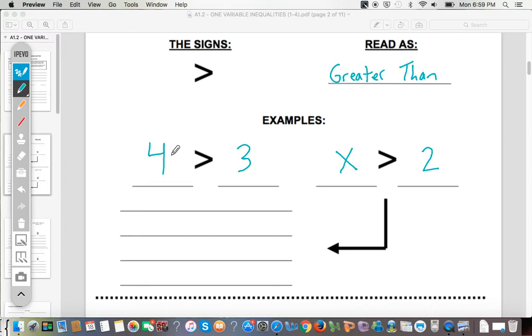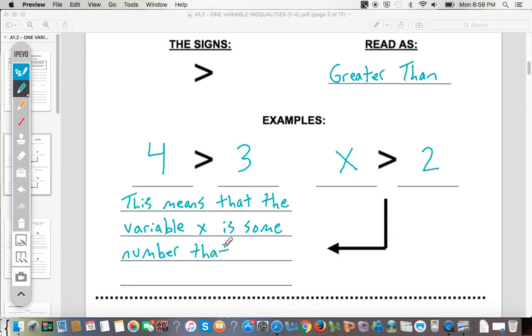Always. So let's take a look at x is greater than 2. This means that the variable x is some number that is greater than 2.